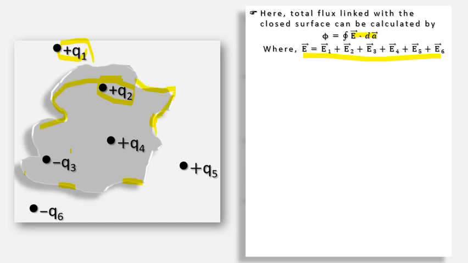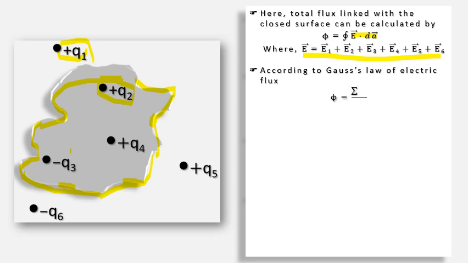So not that easy. So Gauss suggested a better way, some easier method of finding out the flux linked with a closed surface. Gauss's law for electric flux is applicable only for closed surfaces. Gauss suggested that if you have a closed surface and some charge distribution like in our case, then you just have to take the ratio of sigma q and epsilon 0.